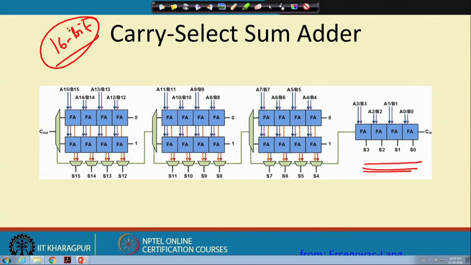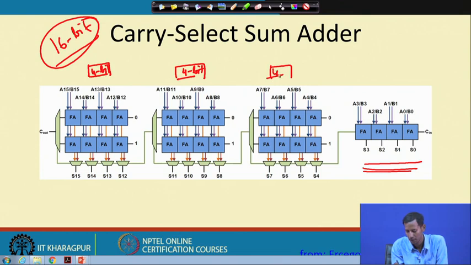We make 4 bit groups, so each of these is 4 bit, and this is also 4 bit. At the very last group, we are not following the carry select addition, which is the main idea behind the carry select adder operation.